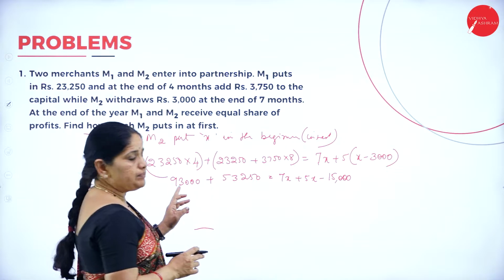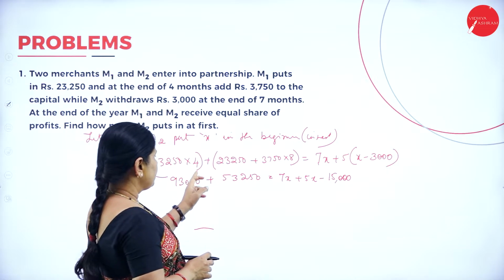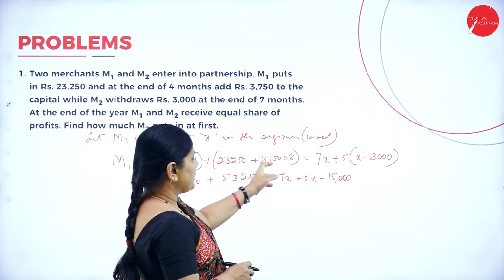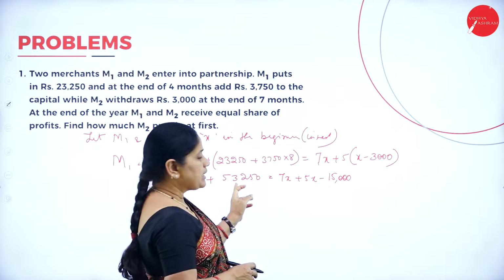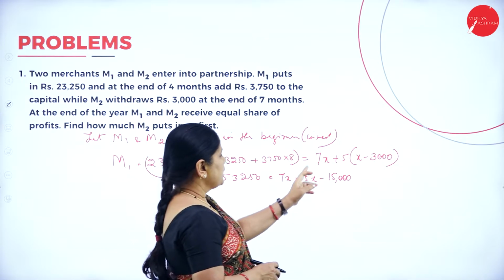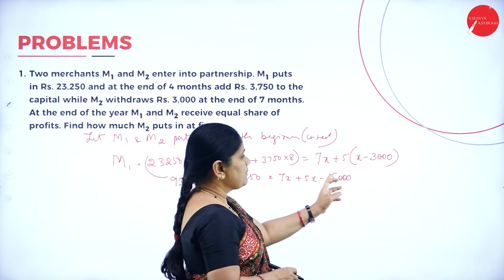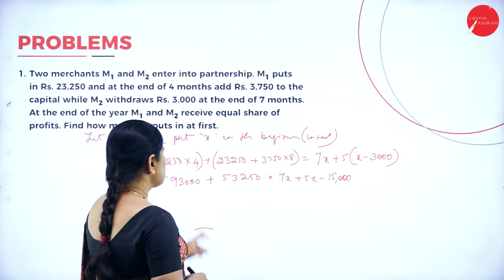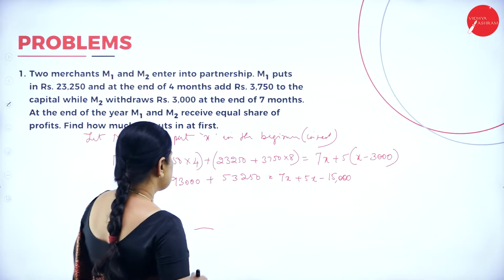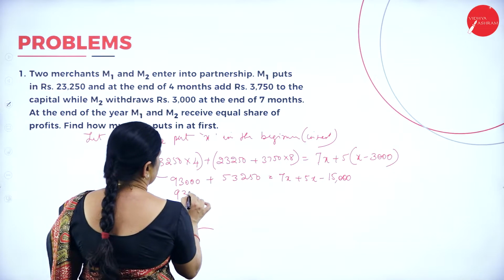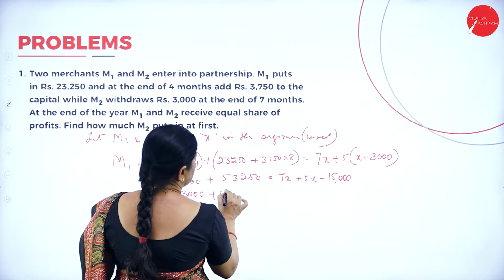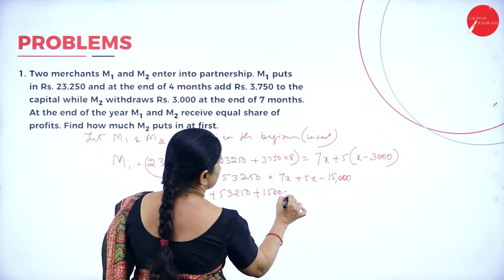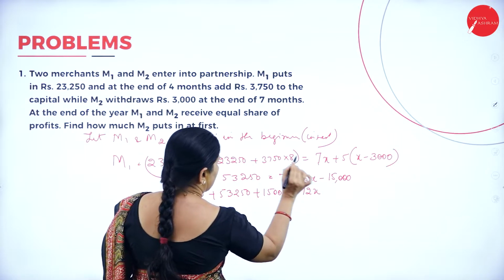In the next step, 23,250 into 4 I get 93,000, plus 23,250 plus 3,750 into 8, I get 53,250, equals 7x, 5 into x is 5x minus 15,000. Now I simplify both of these: 93,000 plus 53,250 plus 15,000 equals 12x.